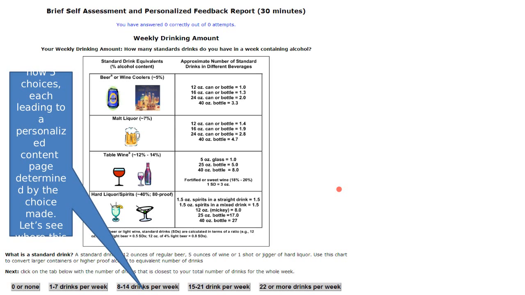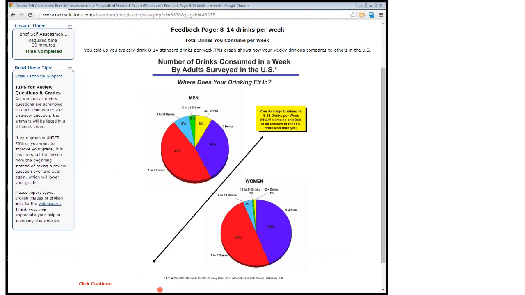So let's say a person selects, okay, well, based upon standard drinks and my calculations as to how many drinks I have, I think I drink 8 to 14 drinks per week. Okay, so they would click on this particular tab right here, and it would take them to the next page.